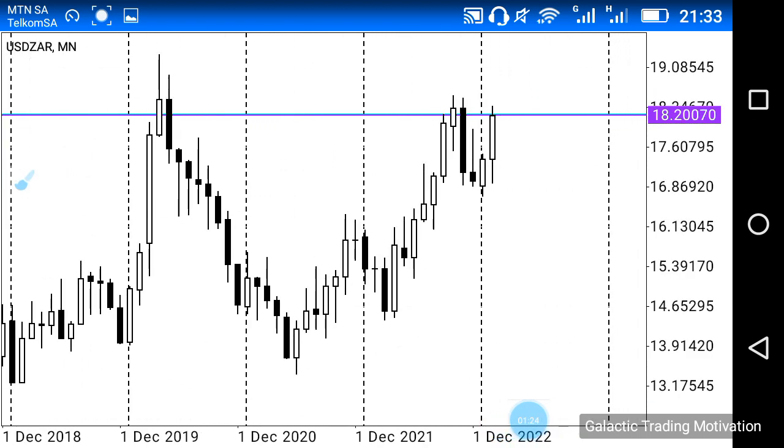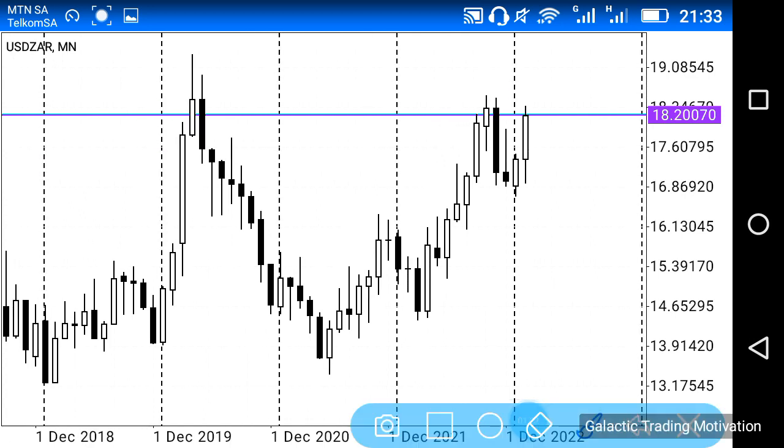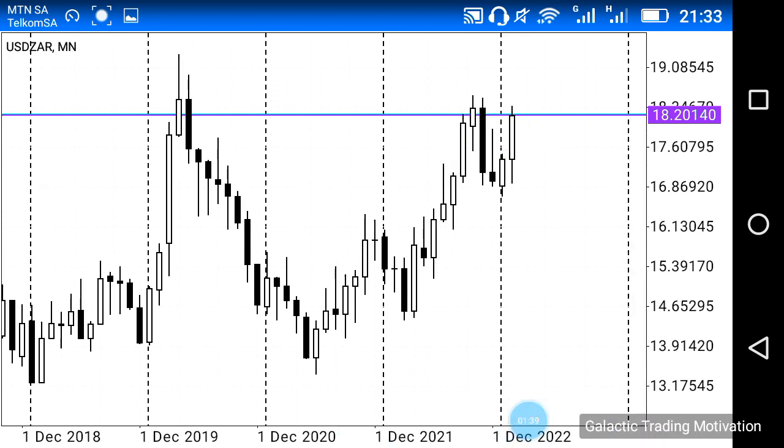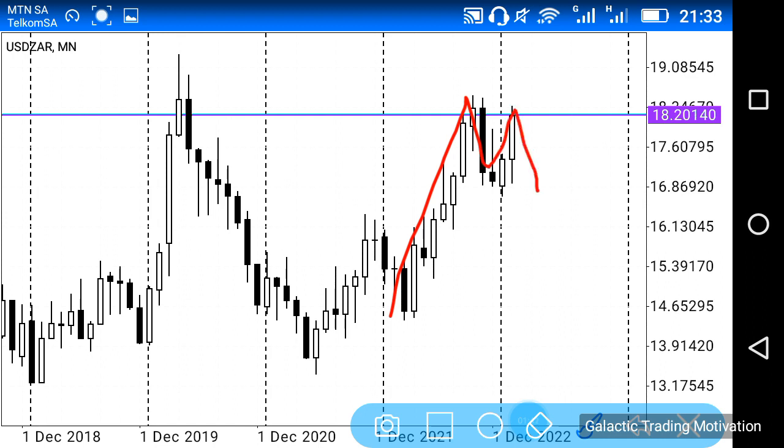Another thing that I see is that as much as we have this M structure, we also seem to have a potential M structure on this side. However, it is just missing that second leg of that M structure. Should one of the next candlesticks close as a bearish candlestick, we will indeed then have a complete M structure.